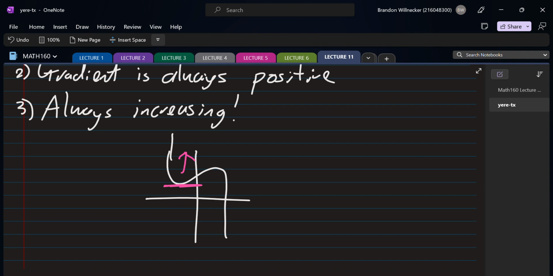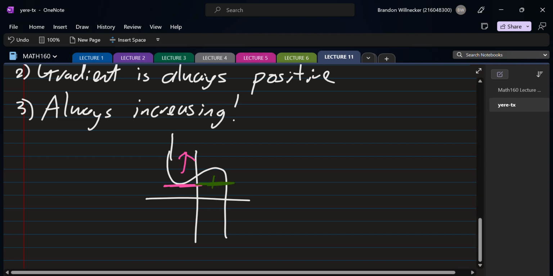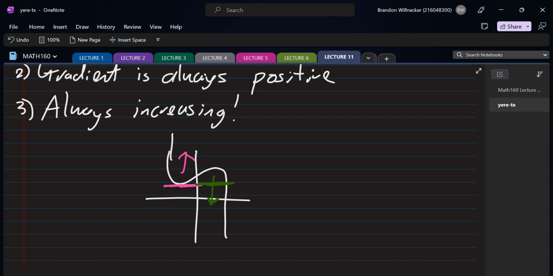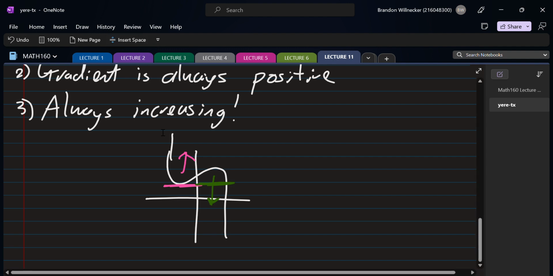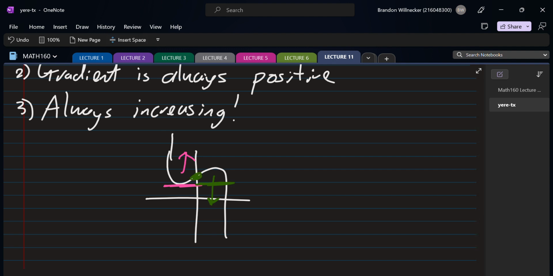For the next portion, here in green, it's like a cup shape but facing down. We say it's concave down, or the second derivative is negative. That is how we find the inflection point. It's the point in the middle where it changes concavity.